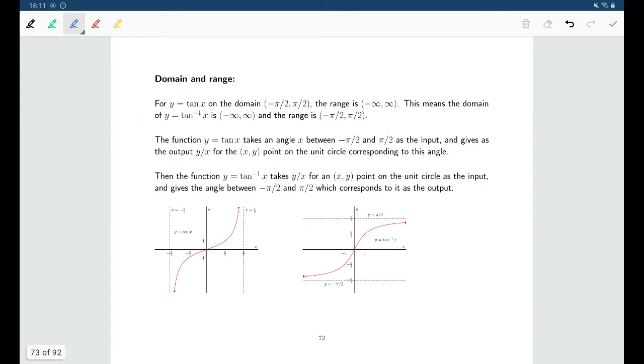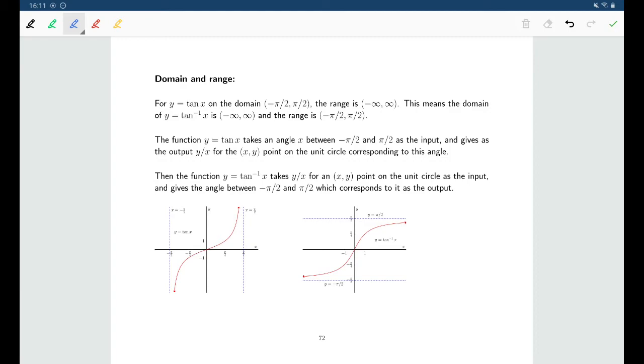So there's a nice little twist here. As opposed to the other trig functions that we had, sine and cosine, for sine, it was a restricted domain and also a restricted range. The range was just from -1 to 1. Same thing for cosine, restricted domain and also restricted range from -1 to 1.